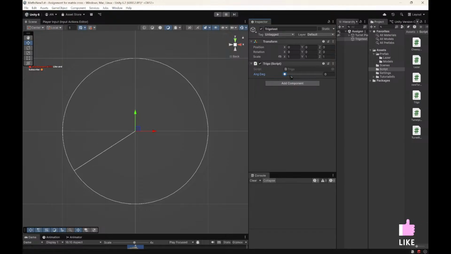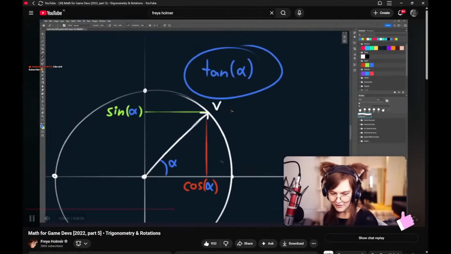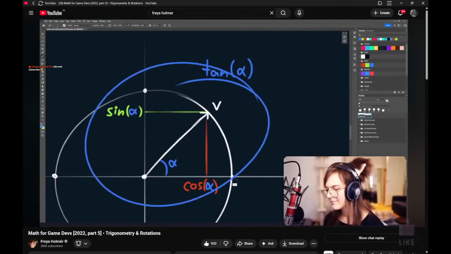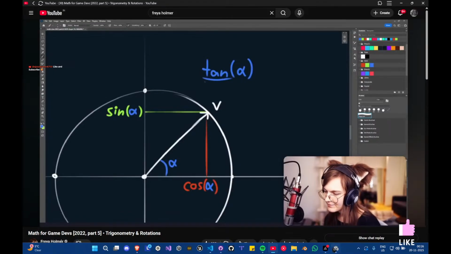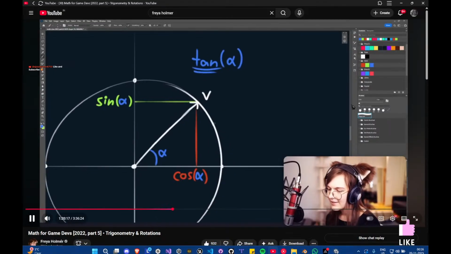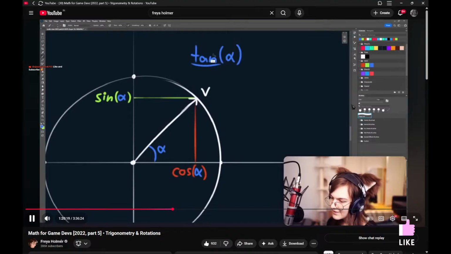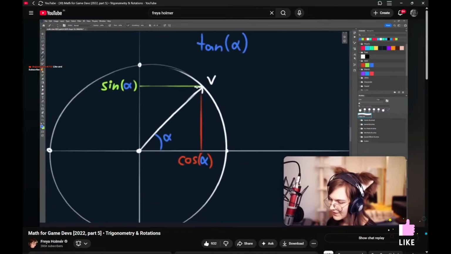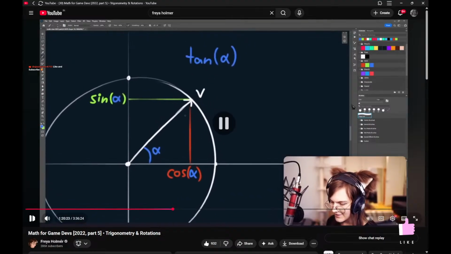So the tangent of an angle. What would the tangent of the angle be in this diagram? The name kind of gives it away, because tangent will be sine by cos.